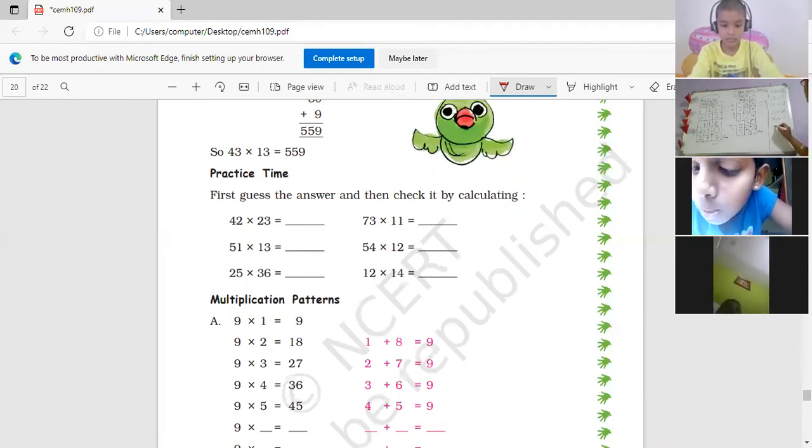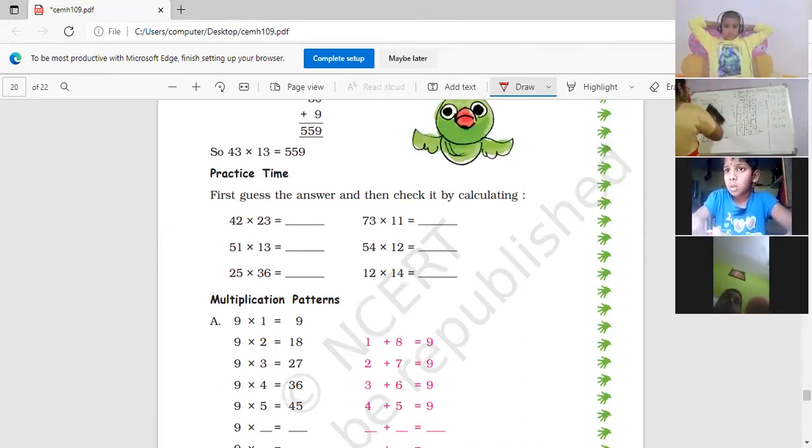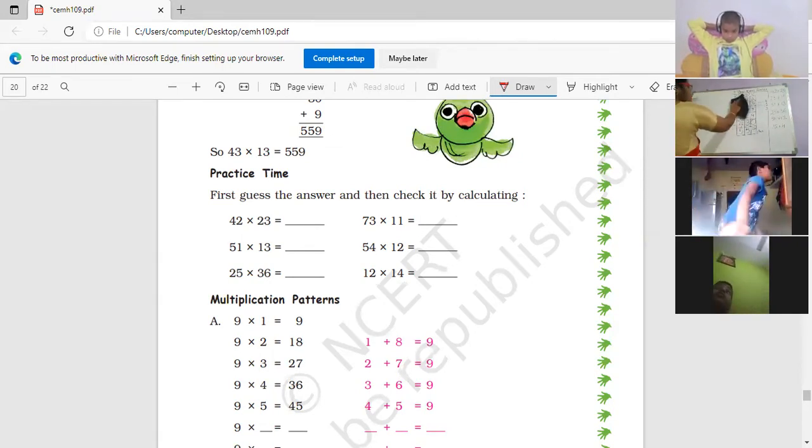And 12 into 40. So children, we will do these problems now, both the ways, column method and expansion method, so that those who have missed, they can cover it up once again.